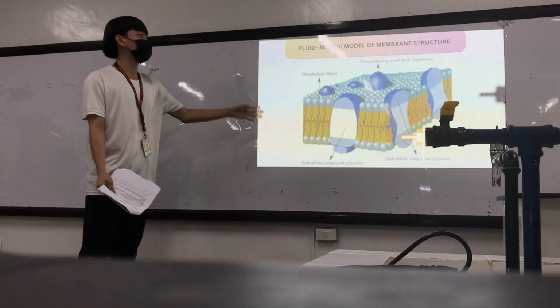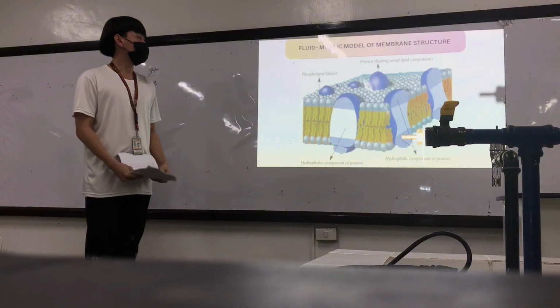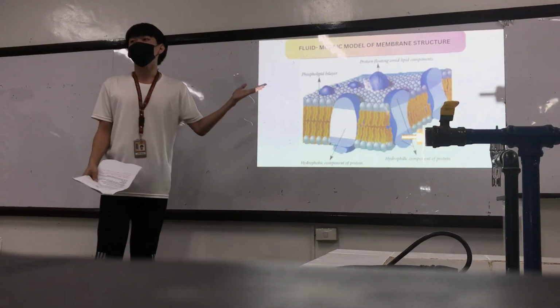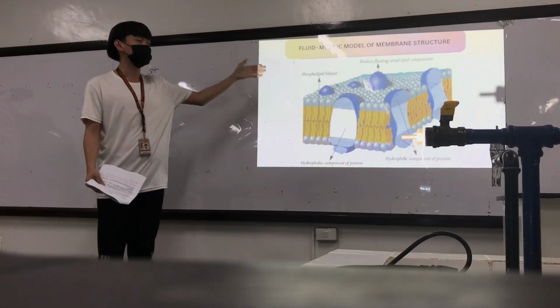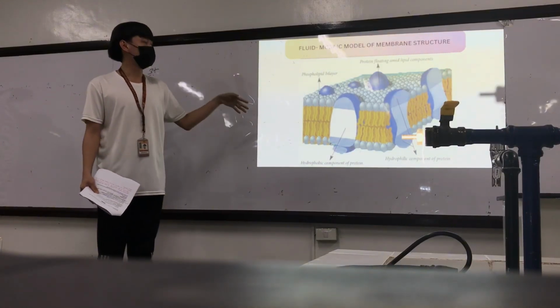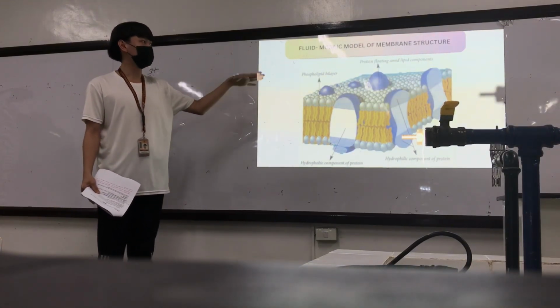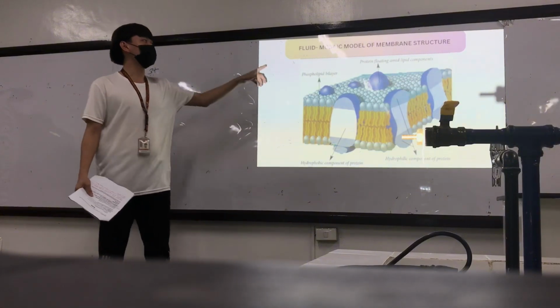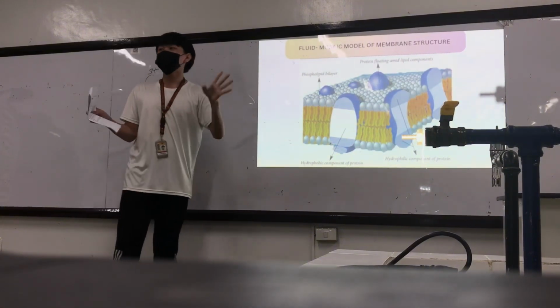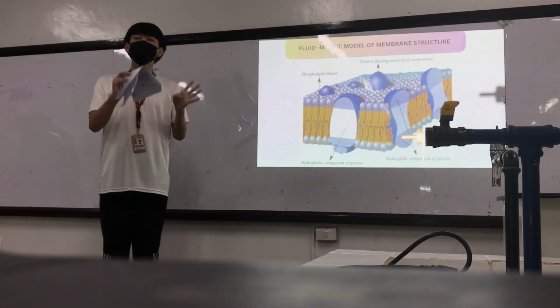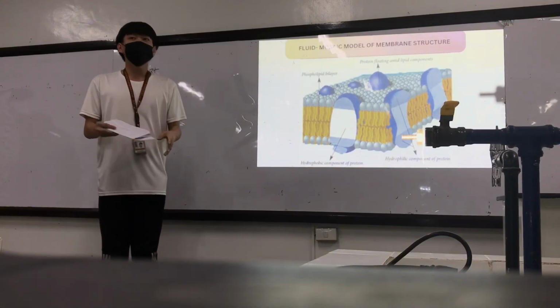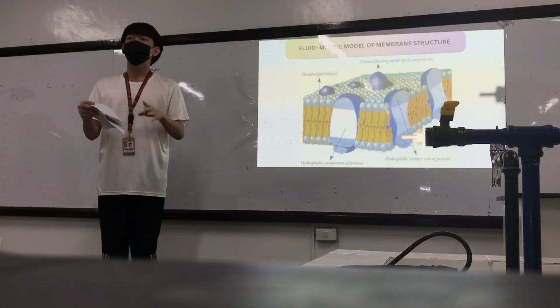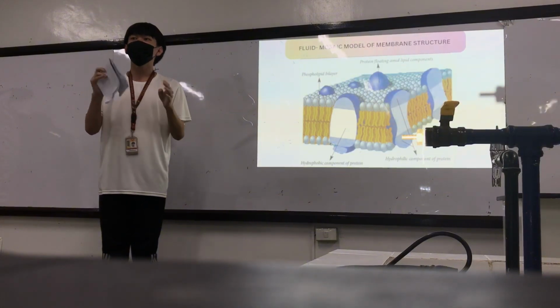The fluid mosaic model of membrane structure explains the structural part of the cell membrane. In terms of fluid, it means that the lipids and proteins can move around within the layer, which makes the membrane flexible.